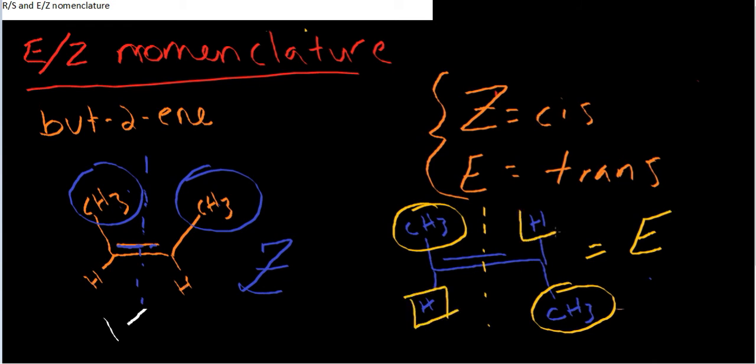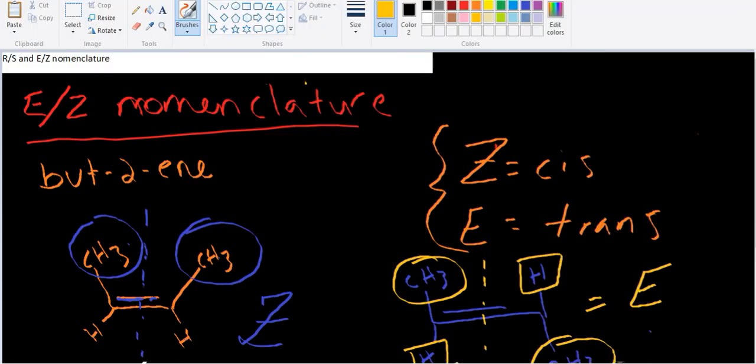So try to look at the molecule and see what side your highest priority groups are on. If they're on the same side, then it will be Z nomenclature. If they're on opposite sides, it will be E nomenclature. And let's say this right here was a fluorine, or something random.